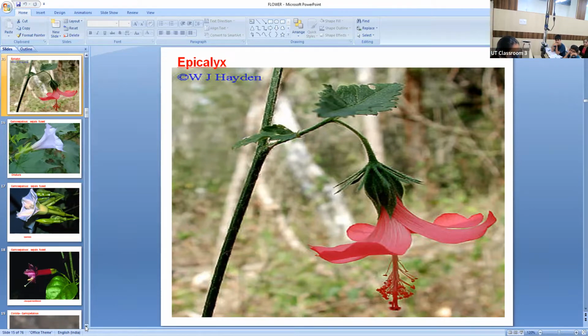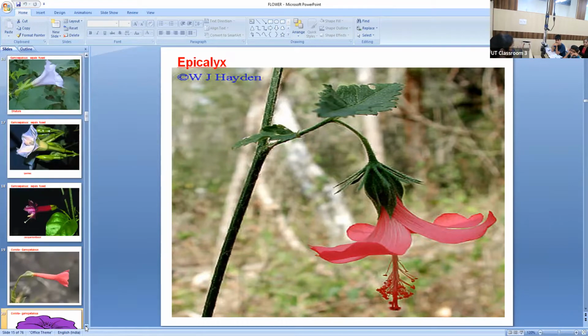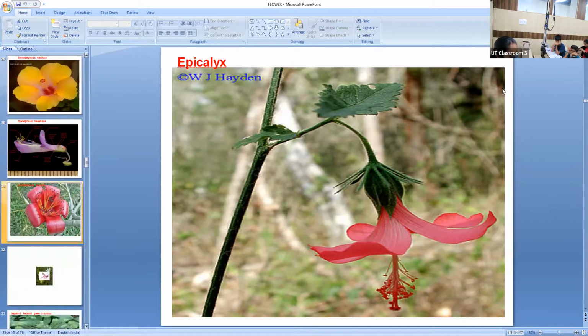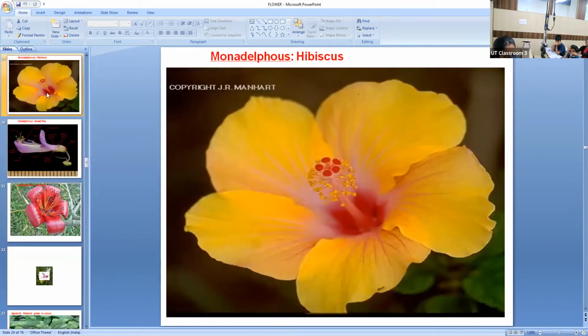Now, what we are trying to understand is how the filaments are actually arranged. Are they arranged in one bundle, two bundles, many bundles? So if I talk about the monadelphous situation, this is China rose. In China rose, you always come across the filaments all bundled together. Say I talk about the thalamus region.